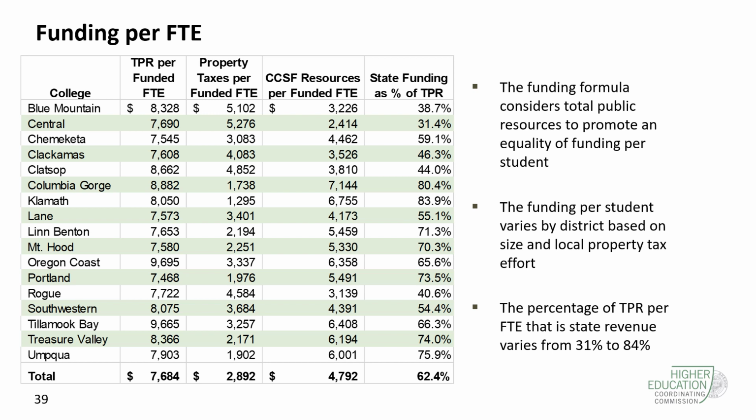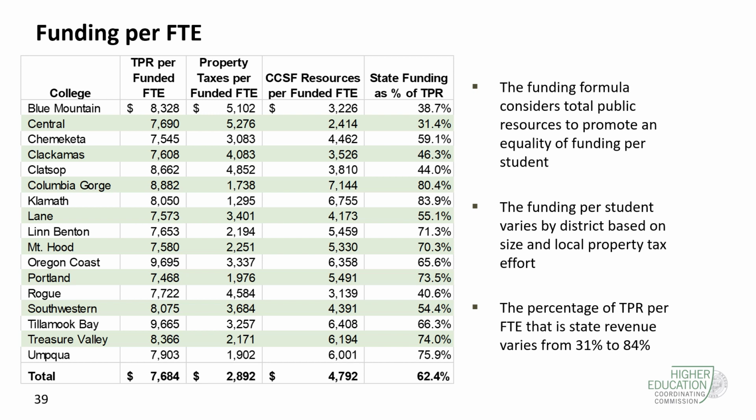Now on this chart, you see the TPR per funded FTE is a little bit different. And that's because this includes the base payment. So for example, Blue Mountain receives $8,328, which is a little bit higher than the average because they're a smaller institution, and so their base payment is a little bit larger than some of the other institutions.